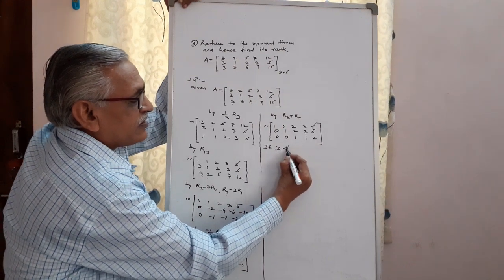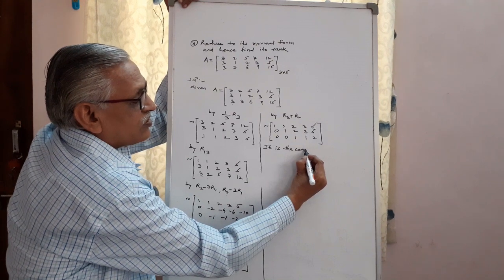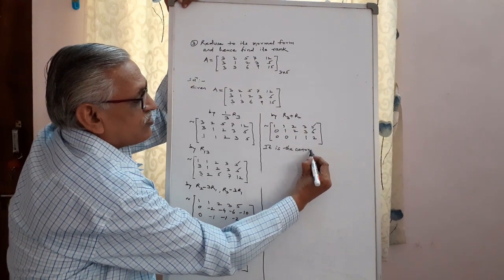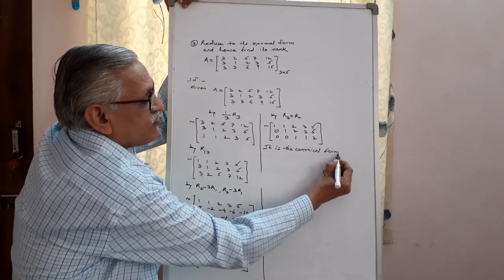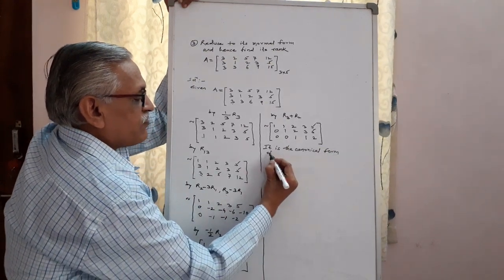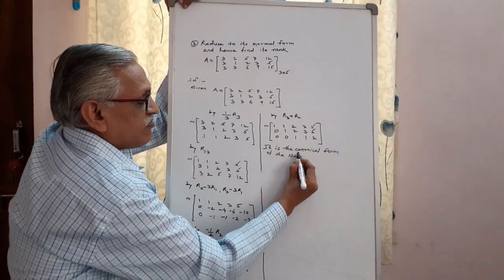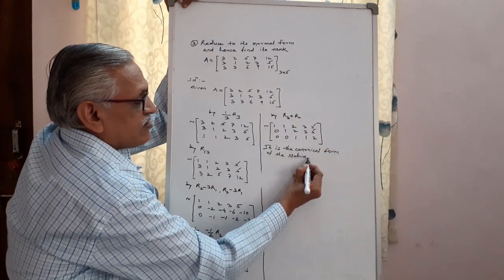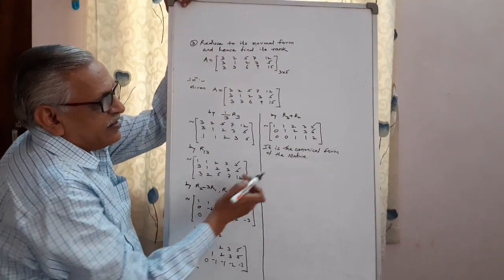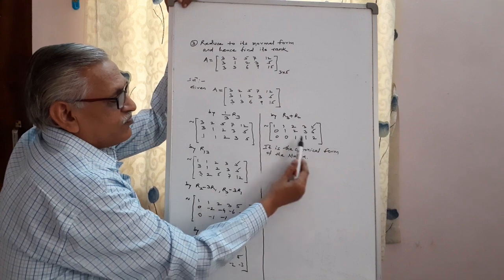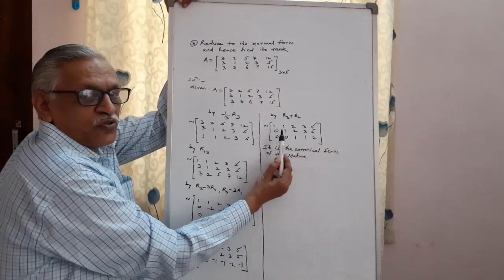It is the canonical form of the matrix. Okay, and therefore, suppose the problem is only to find the rank, then after this we get the rank of the matrix as the number of non-zero rows.